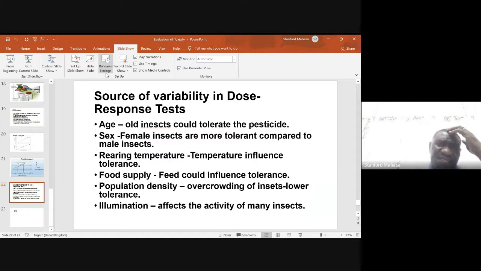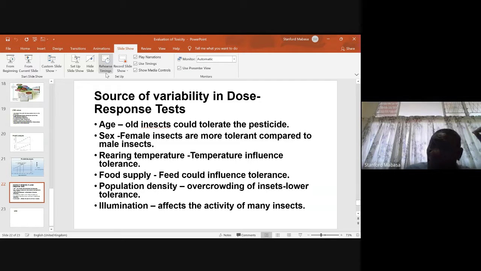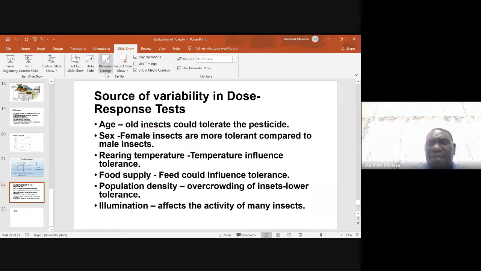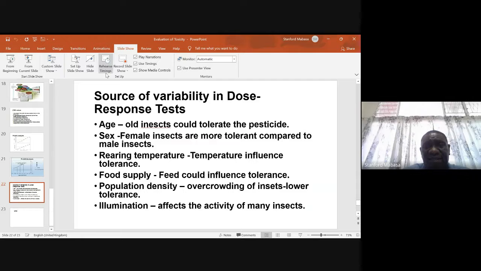Now, these studies, because remember, we wanted to get information on toxicity concerning the pesticides. Once we know the toxicity levels, we will be in a position to handle these pesticides safely.